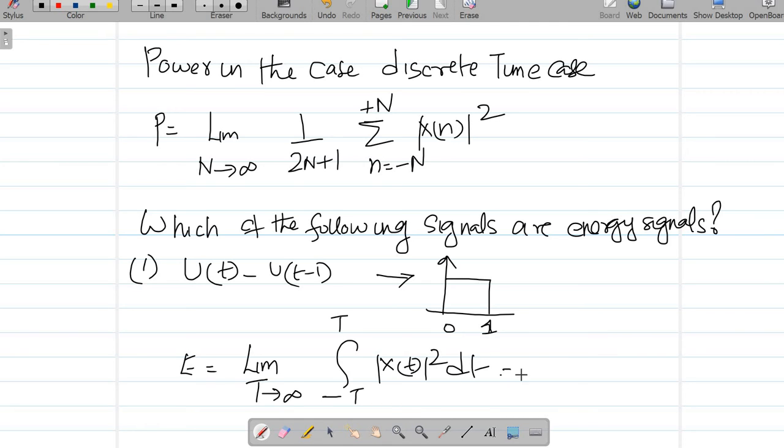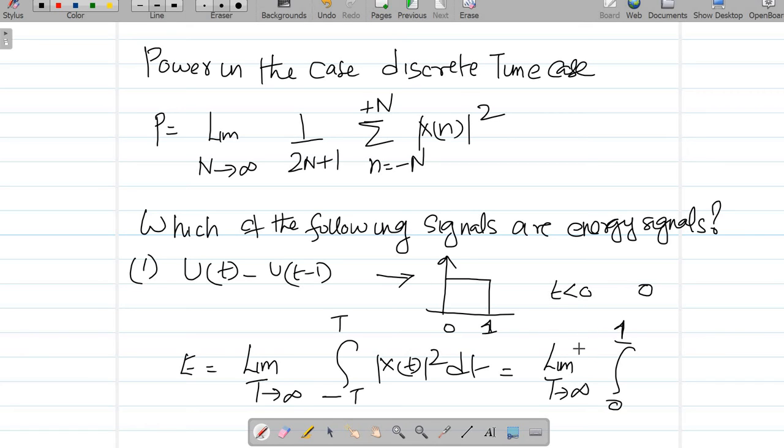So if I want to evaluate this, it will be limit T tending to infinity, integral from 0 to 1, because for t less than 0, the amplitude is 0.